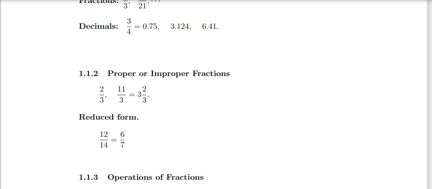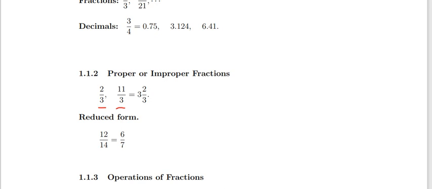Okay, so for fractions, we have proper or improper fractions. Like 2 over 3, we call this proper. But 11 over 3, we call this improper, not proper, right?